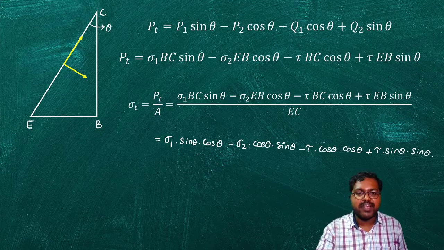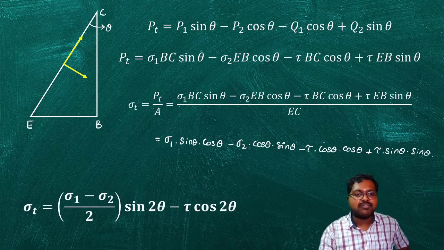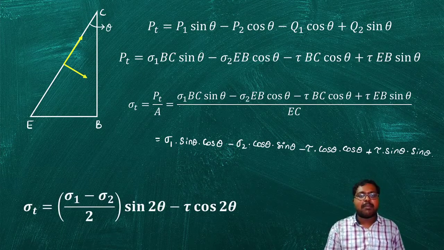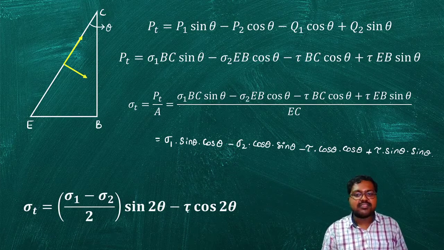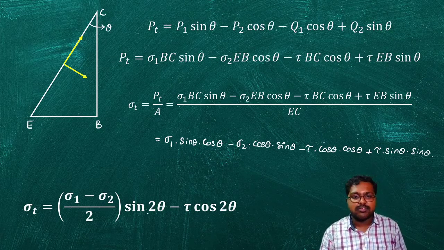So if we simplify it, I will get value of sigma t as sigma 1 minus sigma 2 by 2 sin 2 theta minus tau into cos 2 theta. So here this value sigma 1 minus sigma 2 by 2 into sin 2 theta, I got it in case 2, and minus tau cos 2 theta, I got it in case 3.